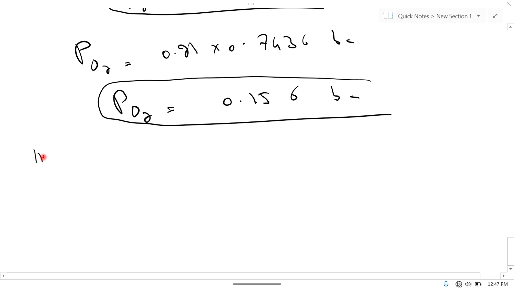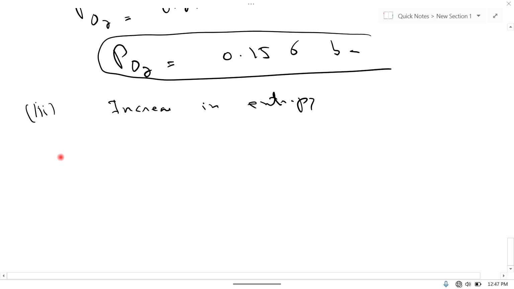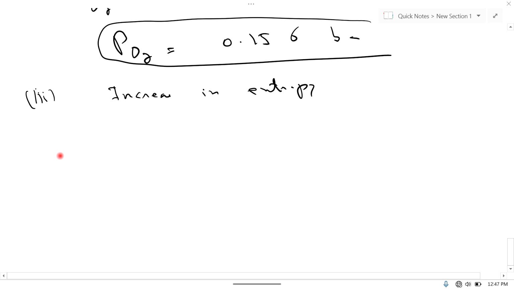Now in part number 3 we have to find the increase in entropy. As we know, this is adiabatic mixing. So we cannot directly find change in entropy because adiabatic means entropy is constant.